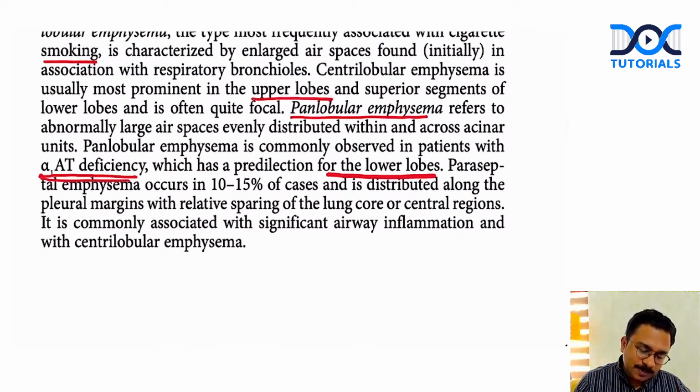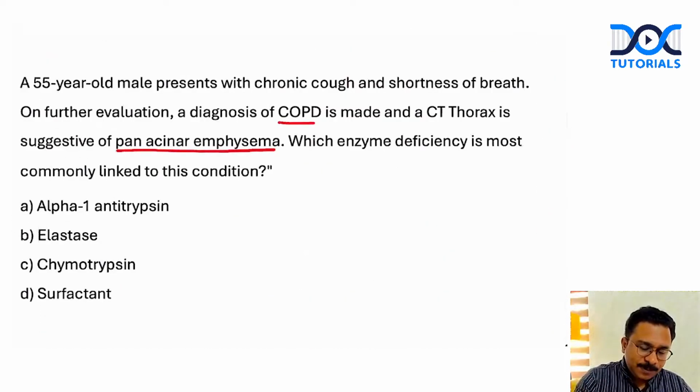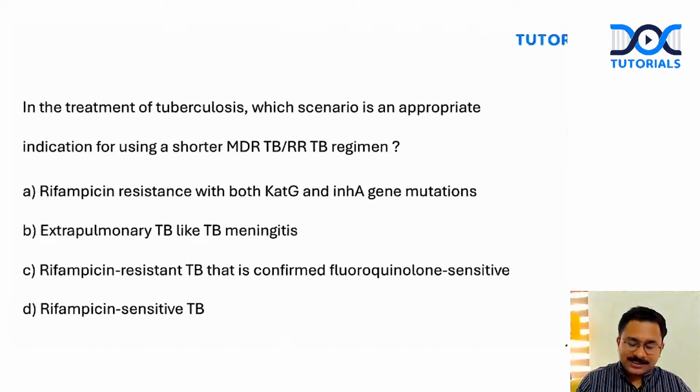But even pan-lobular emphysema may be aggravated by smoking. It's not that it has no association with smoking. So for pan-acinar emphysema, the answer is alpha-1 antitrypsin deficiency. Let us go to the next question.